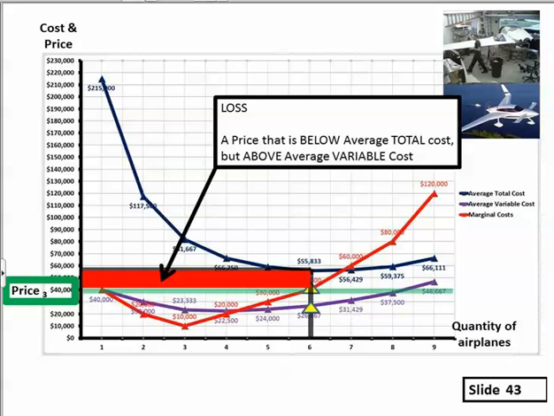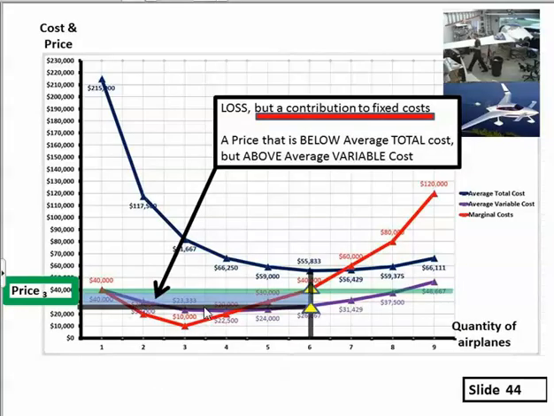Okay, so we see that we would be losing money in this red area, because this price is below our average total cost, but we're at least making some kind of a contribution to that overhead, to those fixed costs, because we're getting a price that is above basically what our average variable costs are for that number of units.